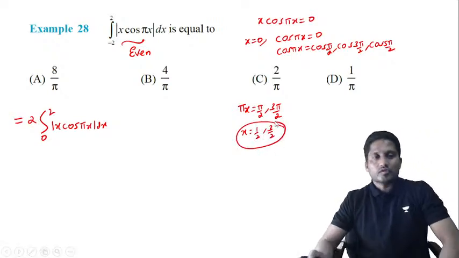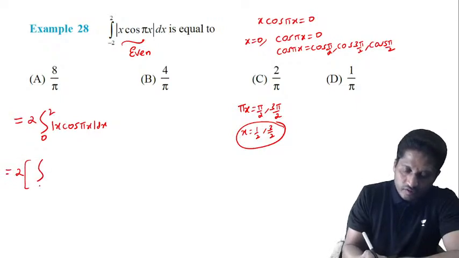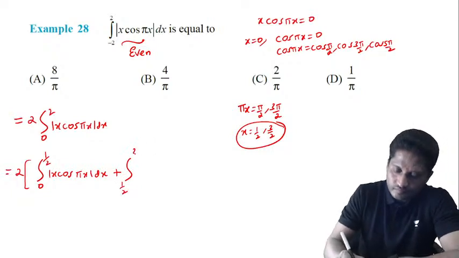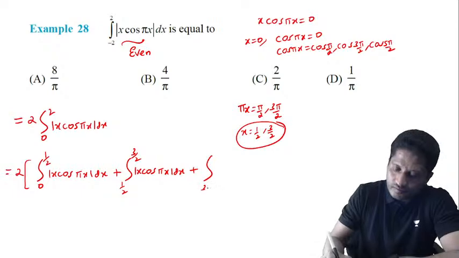So this is 0 to 2, which can be written as 0 to half, half to 3 by 2, and then 3 by 2 to 2, and then x into cos pi x dx.